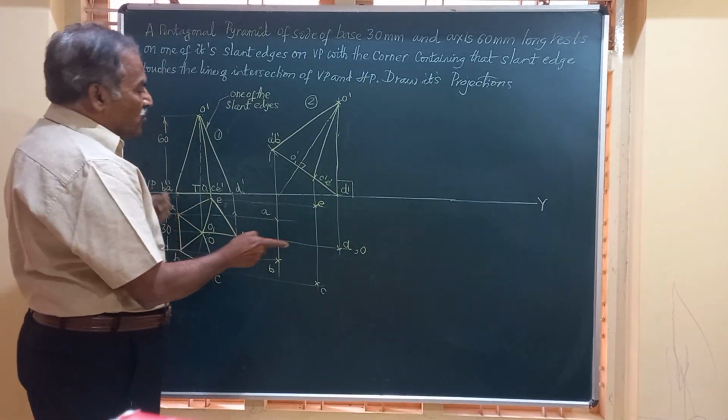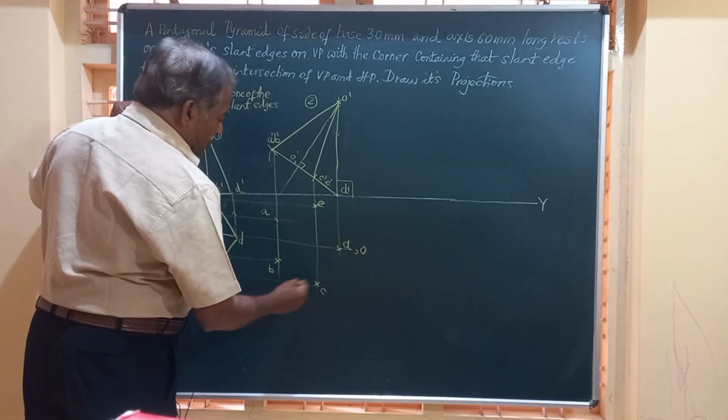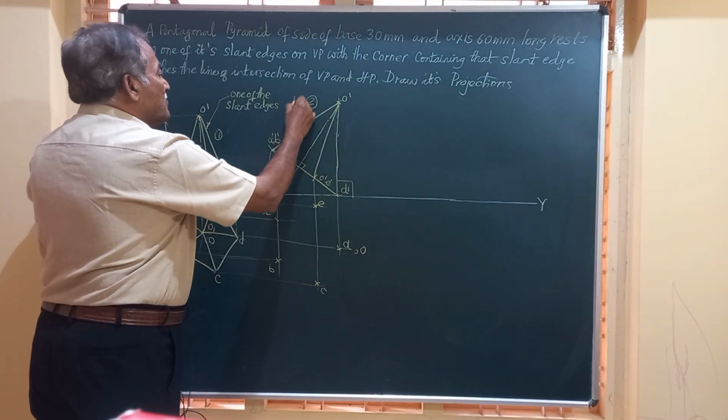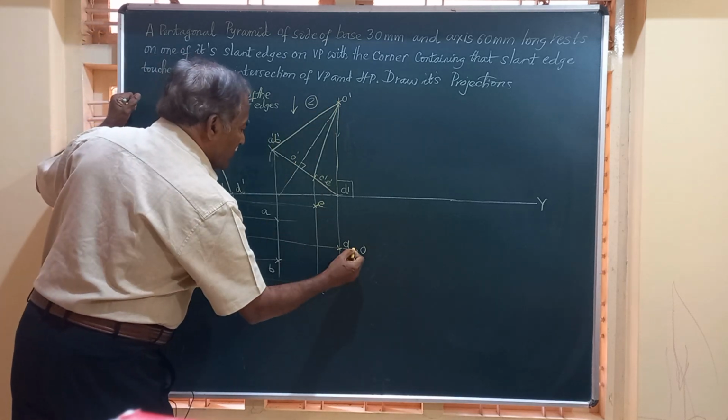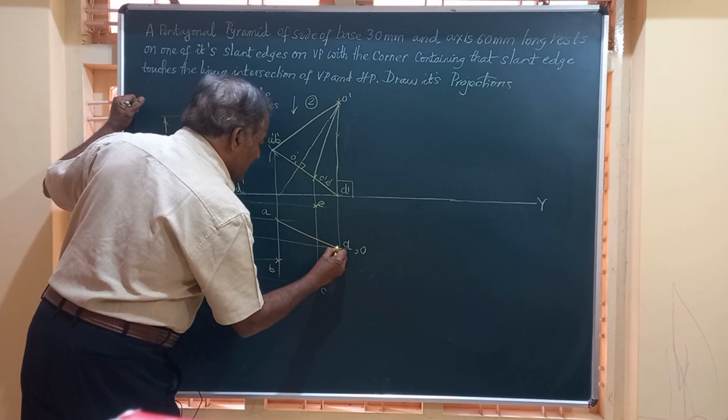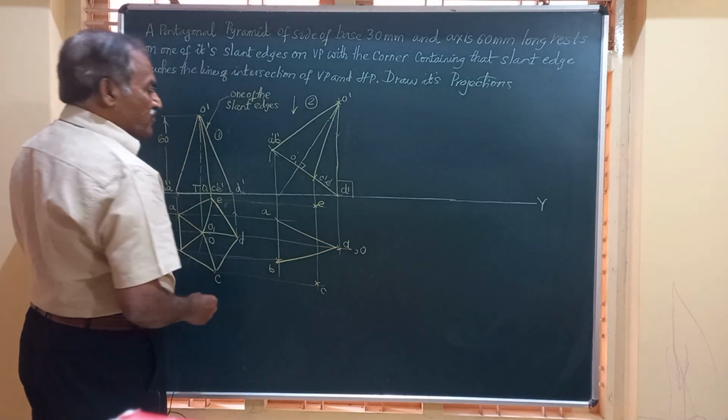Let us join this O to all the corners. So let me join. See here, when you look from the top, OA and OB are visible. So OA I am going to join by a full line, OB also by a full line.